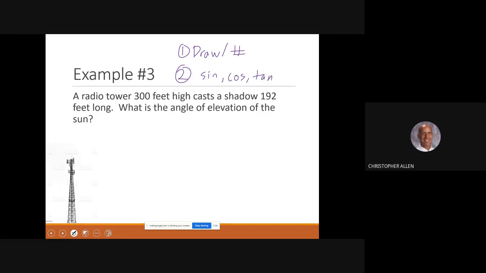And then just stop there. You don't have to finish it. I want you to try to do it on your own. Draw the picture, put the numbers where you think the numbers should go, and then try to figure out, is it sine, cosine, or tangent that you're going to use?